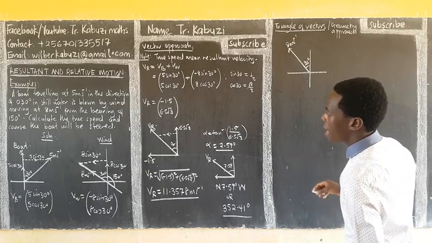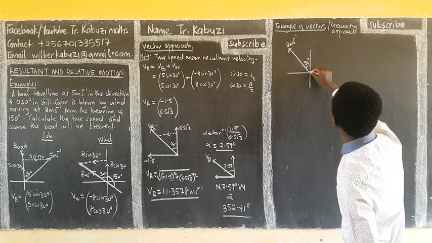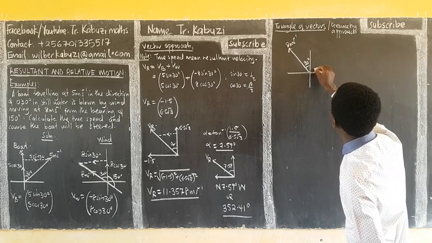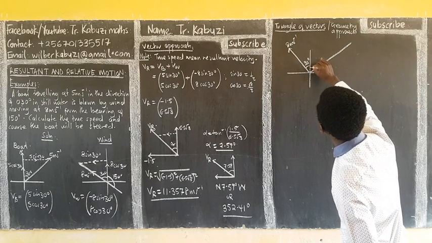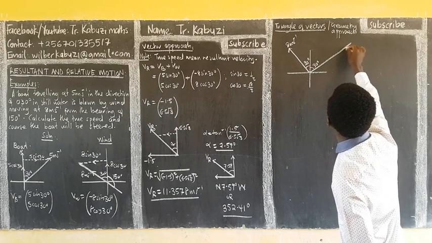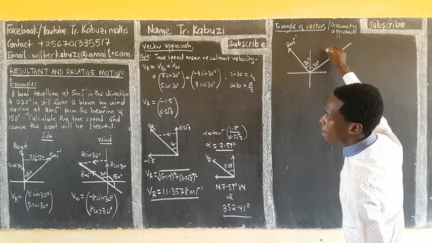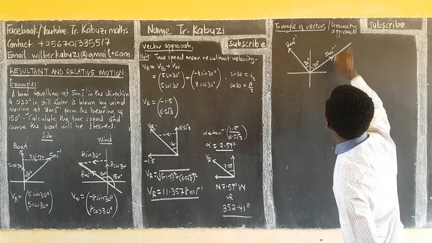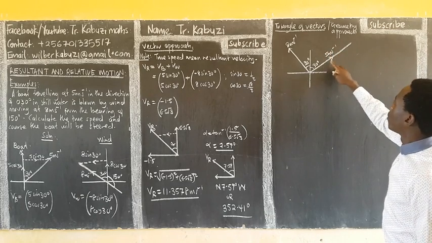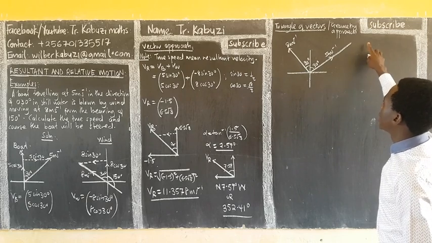Then the one of the boat is the third. So we have our 30 somewhere there. So this one is the 30 degrees. Then this one is 5 meters per second.